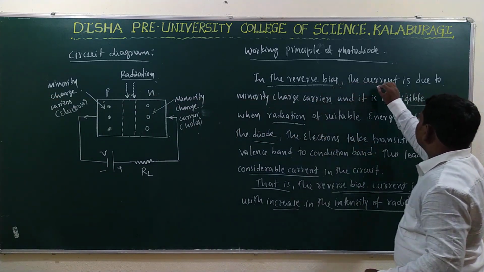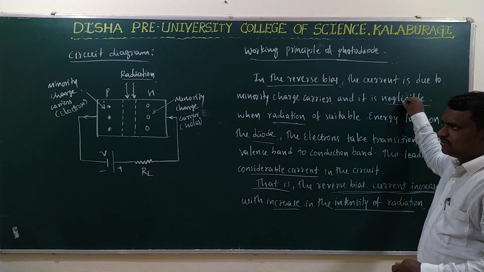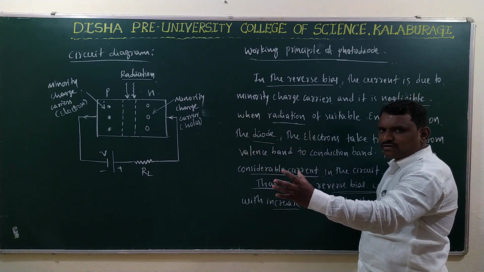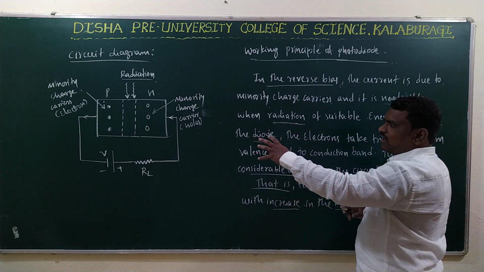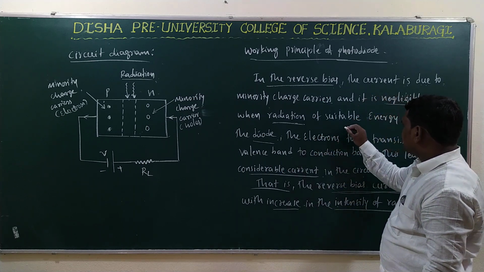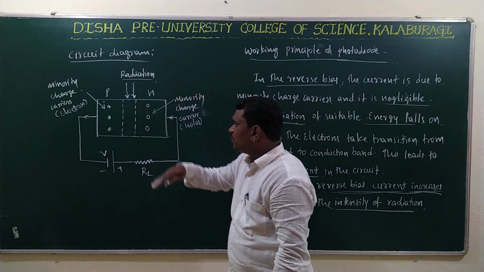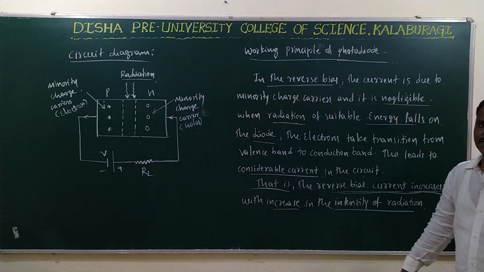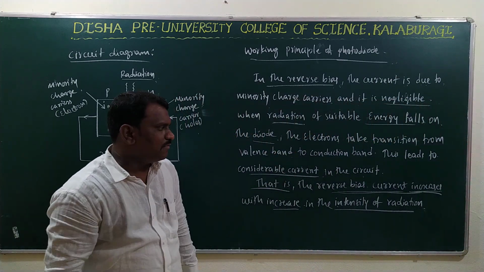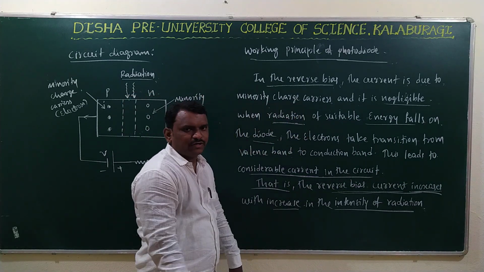In the reverse bias, the current is due to minority charge carriers and it is very negligible. Due to the minority charge carriers, the PN junction diode conducts a very small amount of current. To produce current in the photodiode, suitable energy radiations are incident on the diode, then the transition takes place. The electrons make the transition from valence band to the conduction band, and this transition leads to current in the circuit, right?